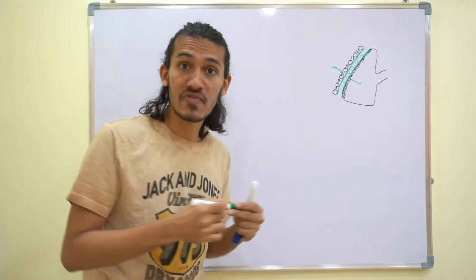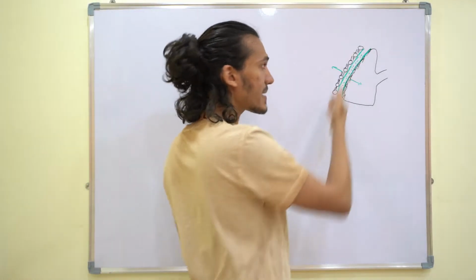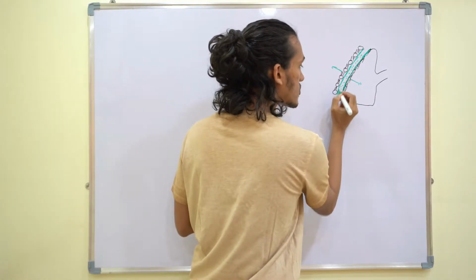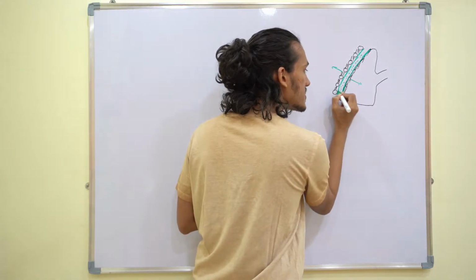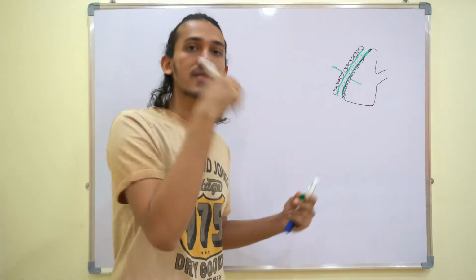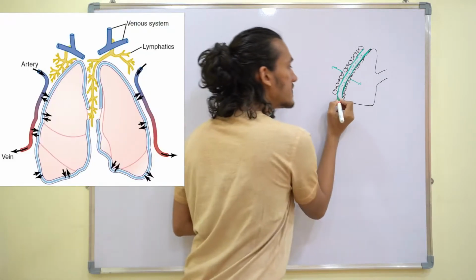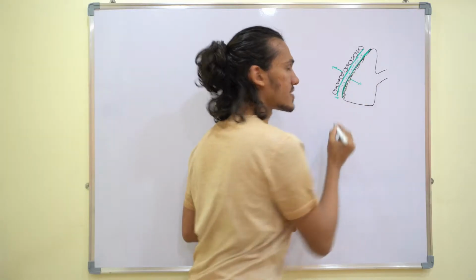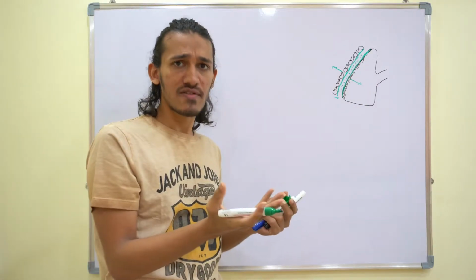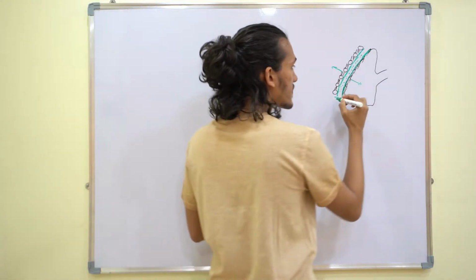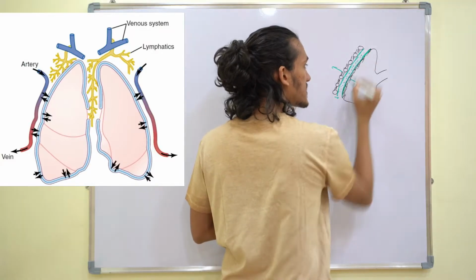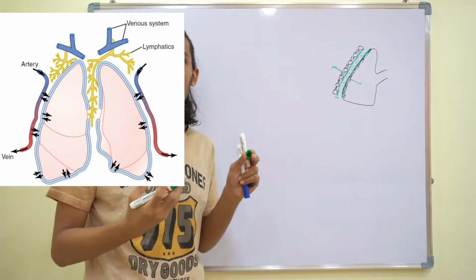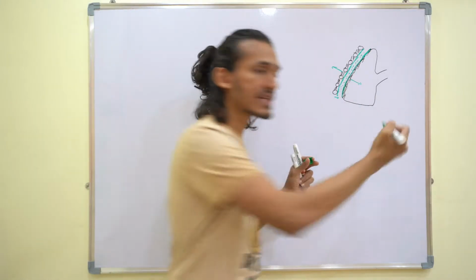Now, how is this pleural fluid produced? We got the parietal pleura, and in the parietal pleura, we got various blood vessels. And from the blood vessels of the parietal pleura, we got ultrafiltrates which are forming, which go into the pleural space and form the pleural fluid. And from the visceral pleura, they have lymphatic channels which are present, which ultimately drain them away.